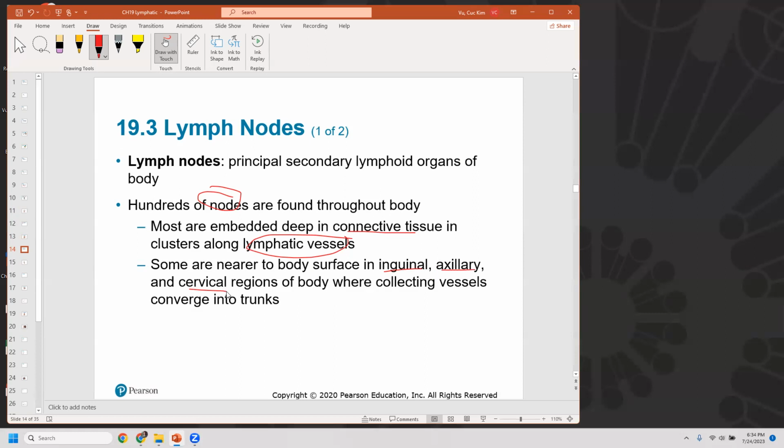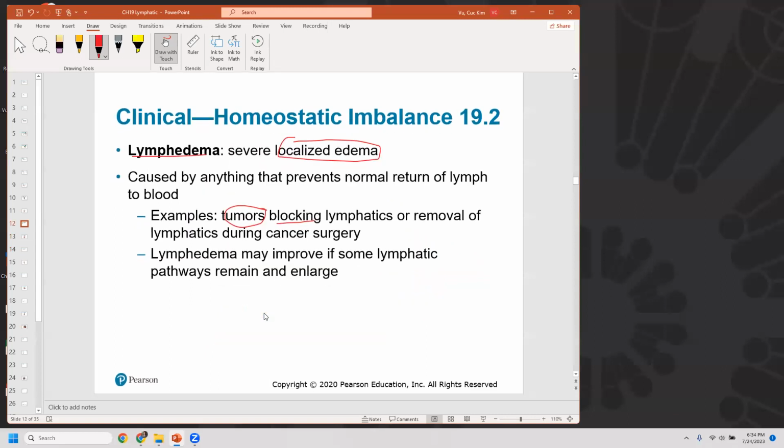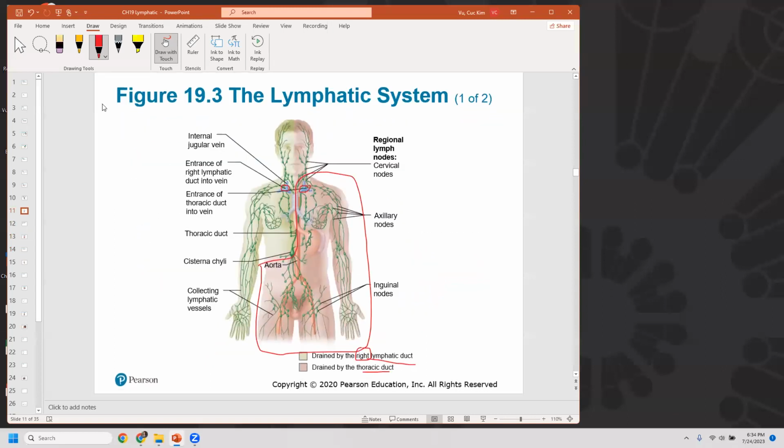Why do you think these three areas? Look at the picture. Why do you see so many of them here, here, and here? Why these three?